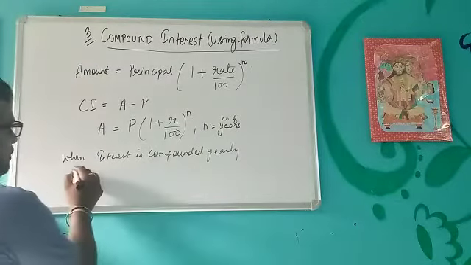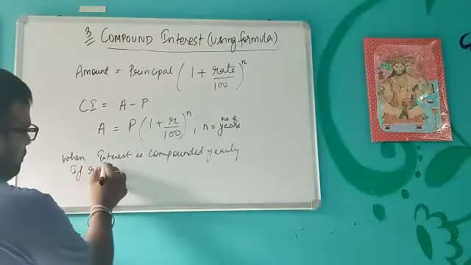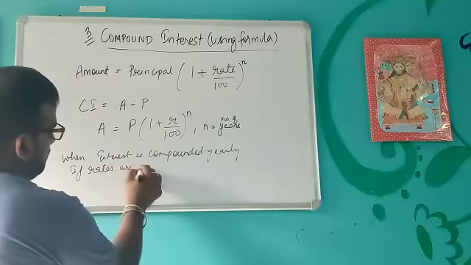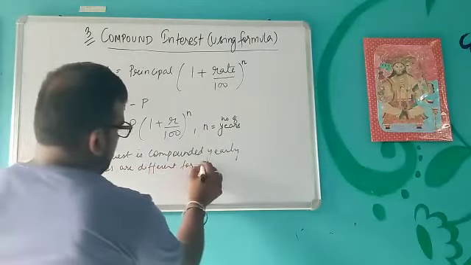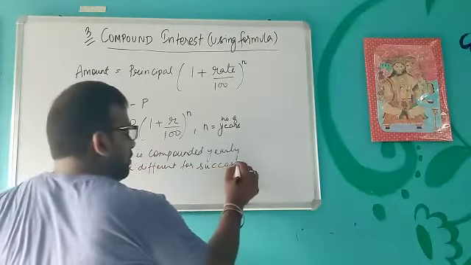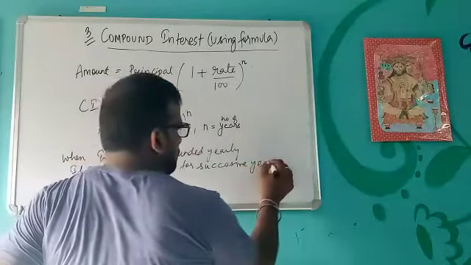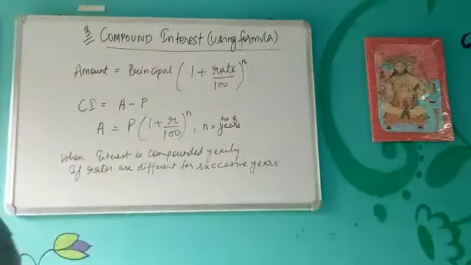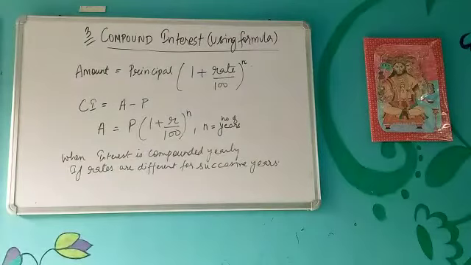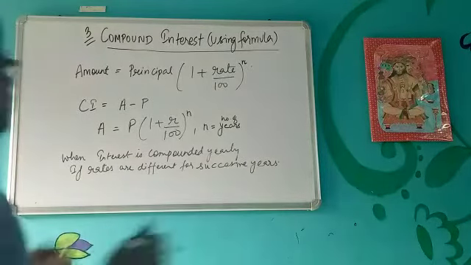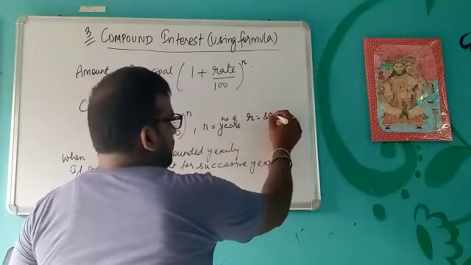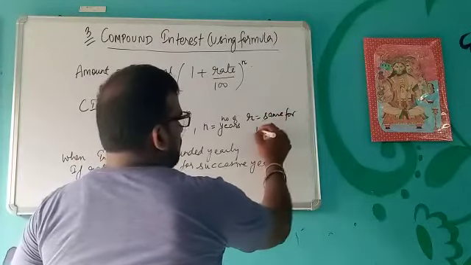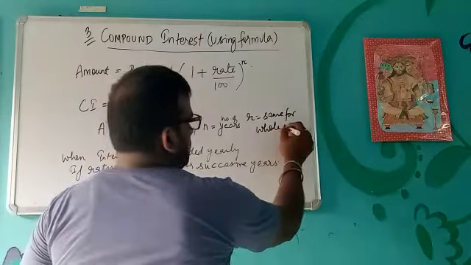Now suppose if rates are different for successive years, okay, so this formula we can use when R is the same for the whole period.